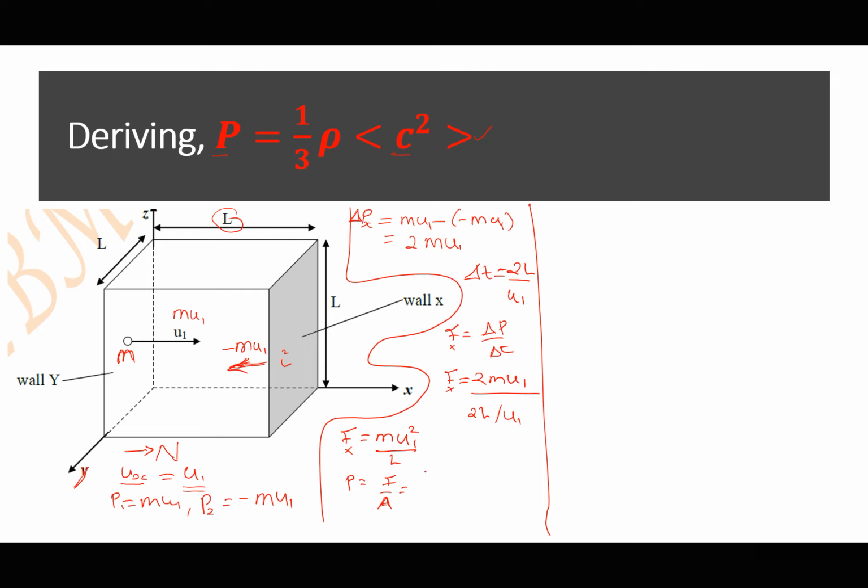So the pressure is going to be the force, which is m u1 squared over L, divided by the cross-sectional area, which is L squared. When you simplify this, it gives you m u1 squared over L cubed. Do not forget we are trying to derive the relationship between pressure and the speed, c. So pressure is now equal to m u1 squared over L cubed. But you and I know that L cubed is actually volume.